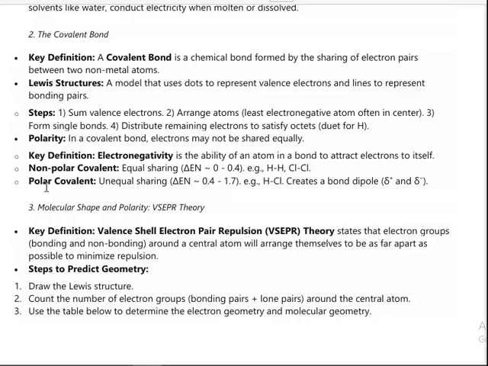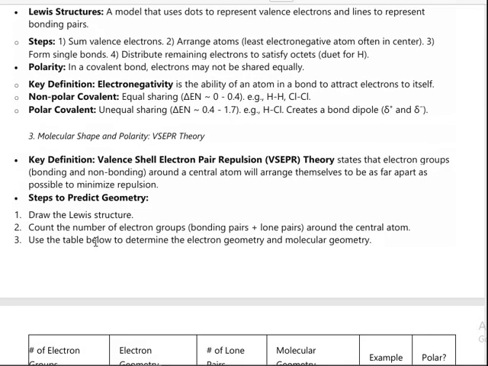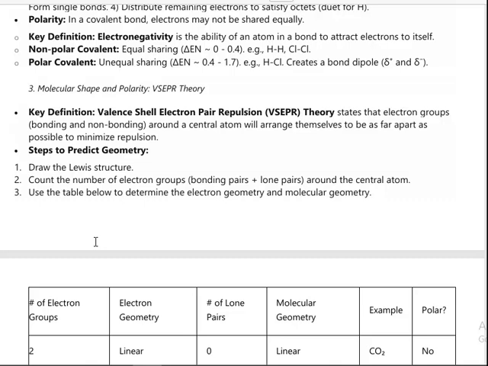Now on to VSEPR theory. VSEPR theory, the valence shell electron pair repulsion theory, states that electron groups, bonding and non-bonding, around a central atom will arrange themselves to be as far apart as possible to minimize repulsion.